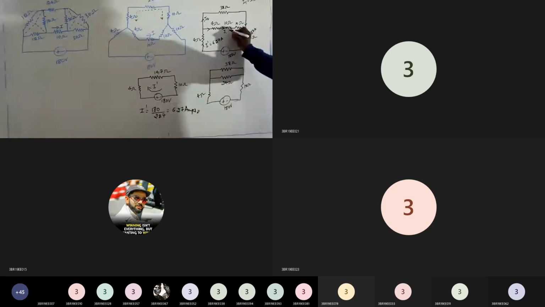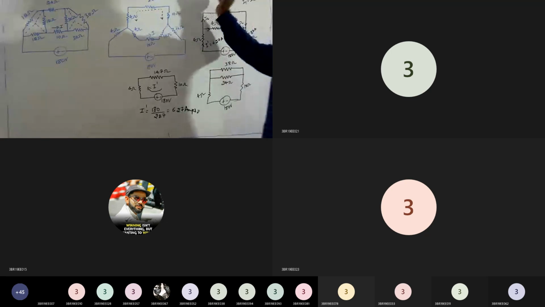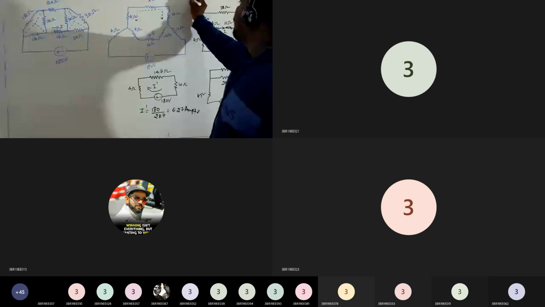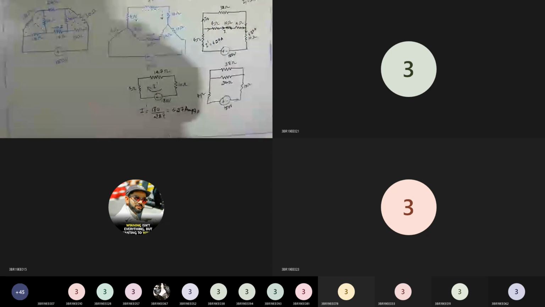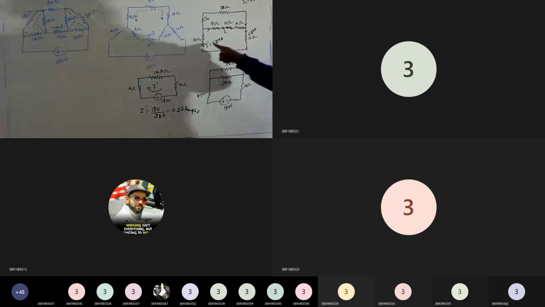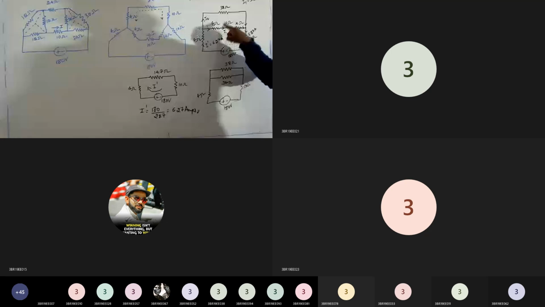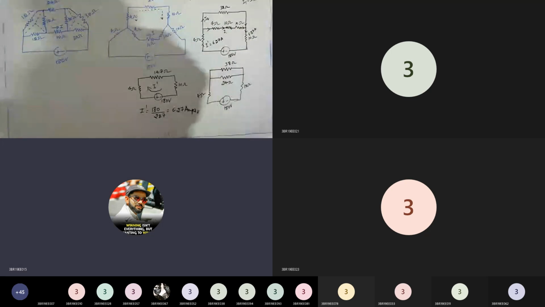Since they asked us to find the current through 10 ohms, let us evaluate the current flowing through the 10 ohm. I take its notation as I1, which is equal to, by the current division rule, if I know the total current and two branches in parallel.